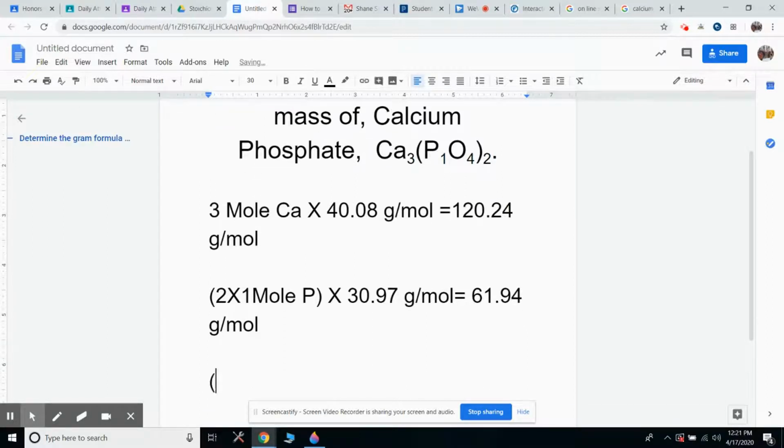And then we have the 2 times 4 moles of oxygen times the molar mass of oxygen.